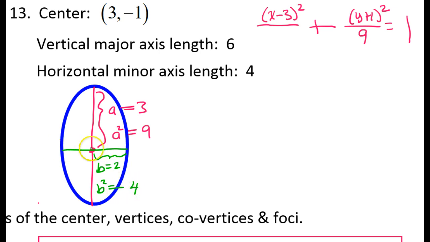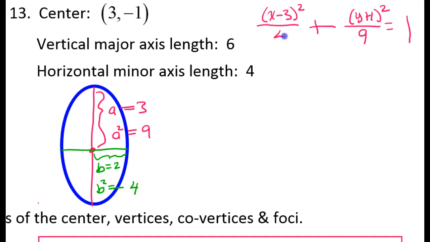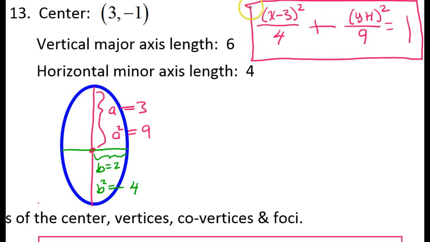And again, this is horizontal, that's the x direction, so it's no surprise that this 4 goes with the x term. And that's it. So this will be the standard form equation of the ellipse with this center and these major and minor axes.